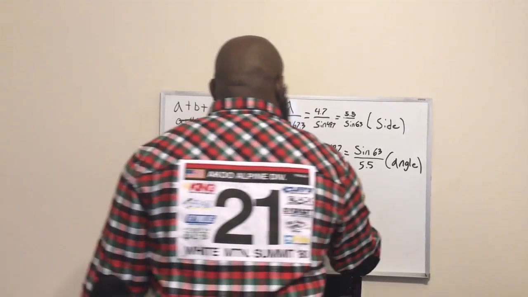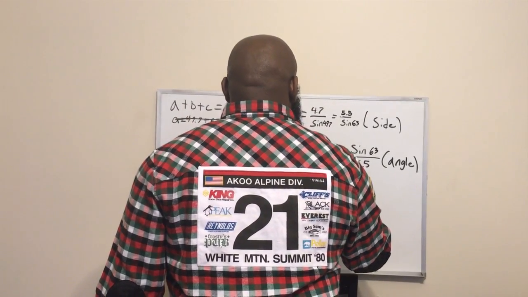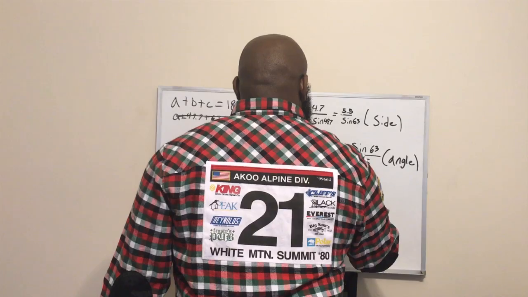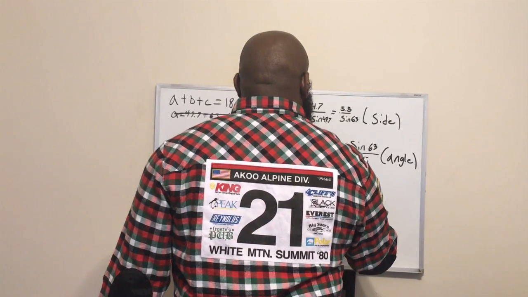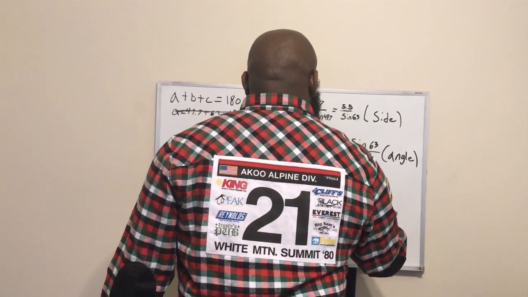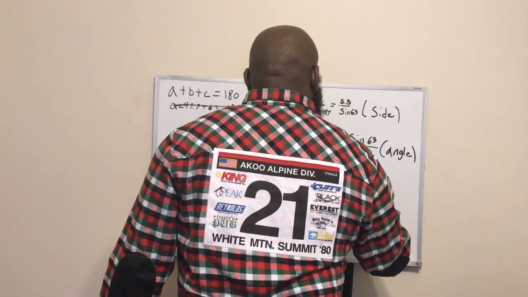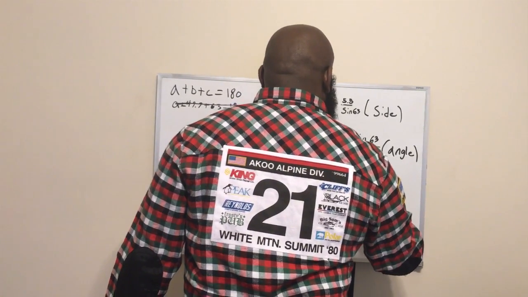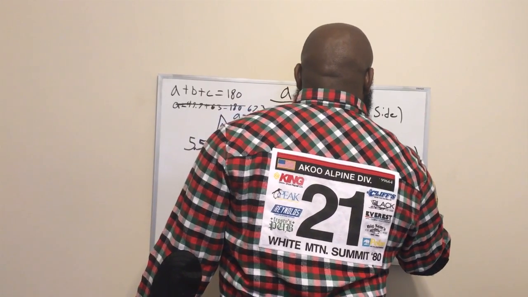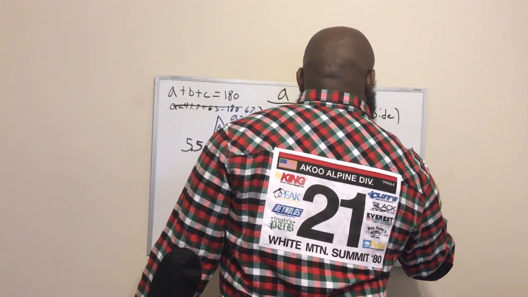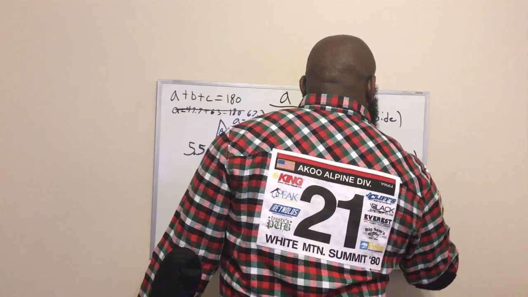What we want to do is say that A equals 4.7 divided by the sine of 49.7 times the sine of 67.3.